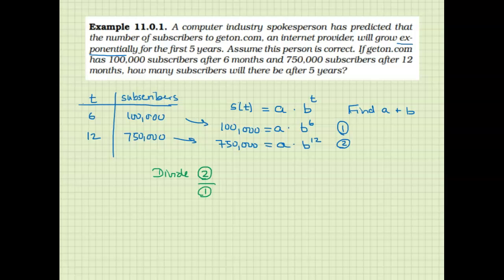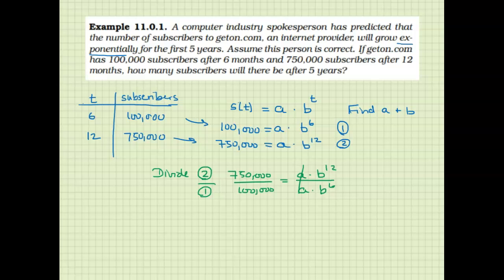You can divide 1 by 2 also, it doesn't make a difference. So we have 750,000 divided by 100,000 equals a times b to the 12 divided by a times b to the 6. The a cancels out. That was my goal, to get rid of one of the variables.